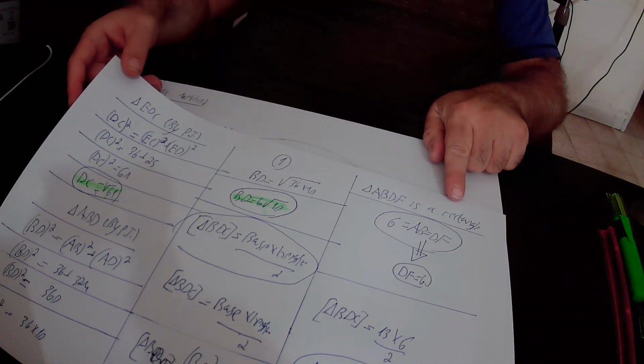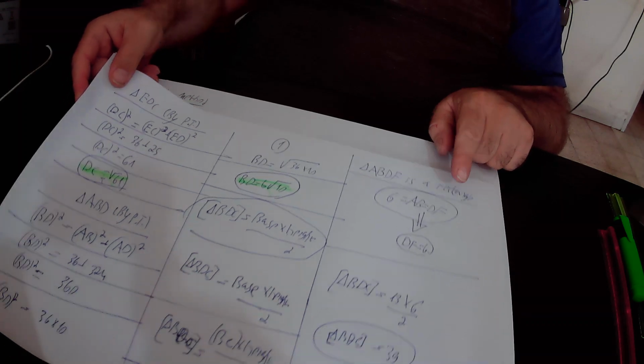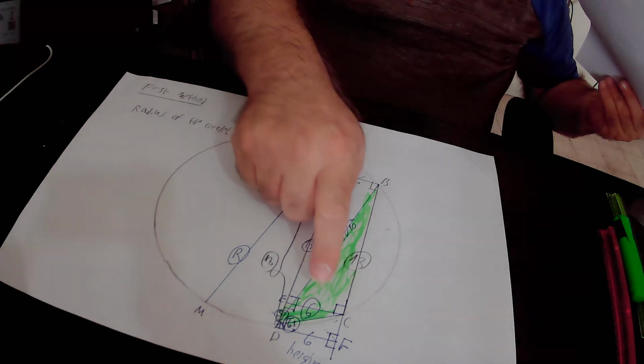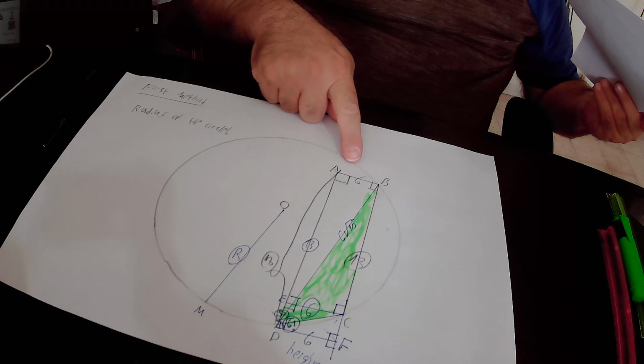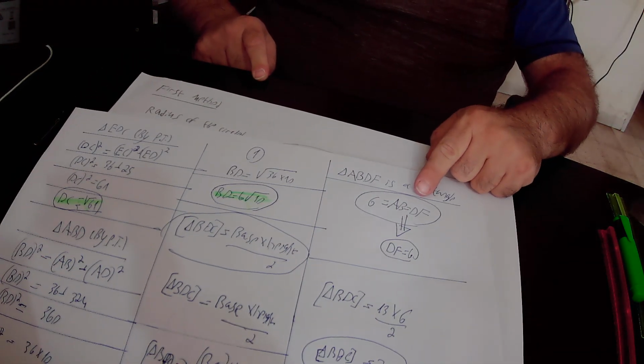Quadrilateral ABDF is a rectangle, and we also know that the opposite sides of a rectangle are equal to each other. That is to say, side AB equals side DF. And it is given that AB equals 6 units.